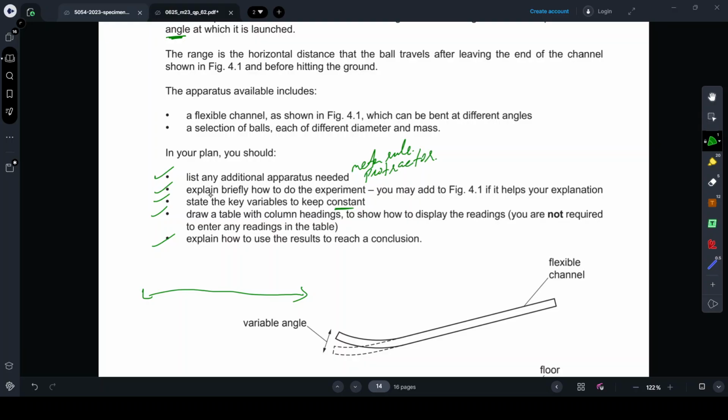You mentioned that. Explain briefly how to do the experiment. So obviously you set an angle, launch the ball, measure the range.